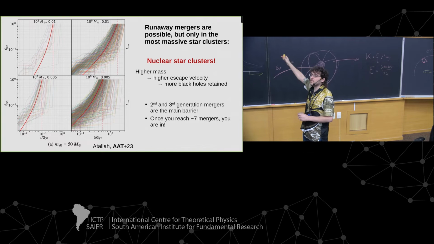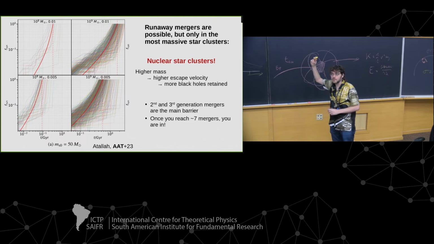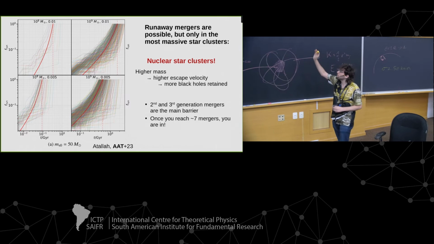So 99% of the time, our black hole seed gets ejected. In those 1% of cases where this doesn't happen, this is a runaway process that can build up to 2,000 solar masses in less than a gigayear. So this is very, very fast. But it's rare. What you don't see here is that it's actually rare.